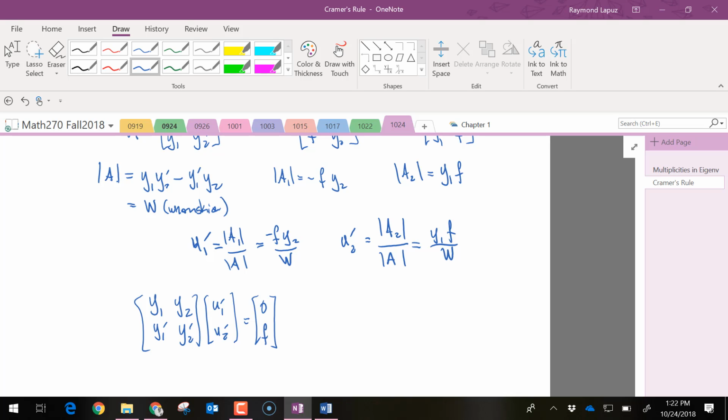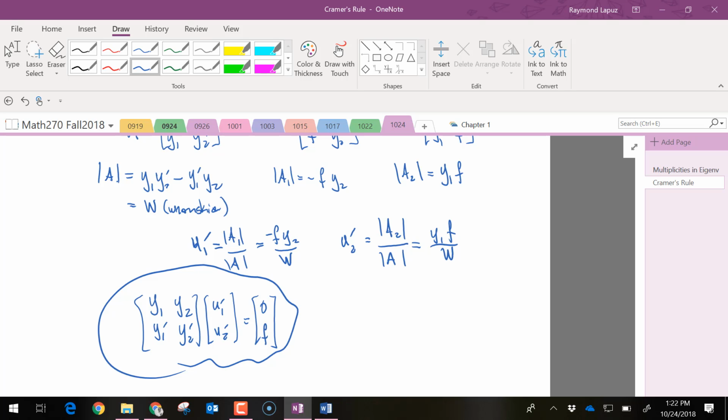All right. So in any case, we found solutions, and if these were actual functions and you were working with this in a differential equations class, you would continue by finding the antiderivative of u1 prime and u2 prime, and then do more to get your solutions. But this is a differential equations type of problem.